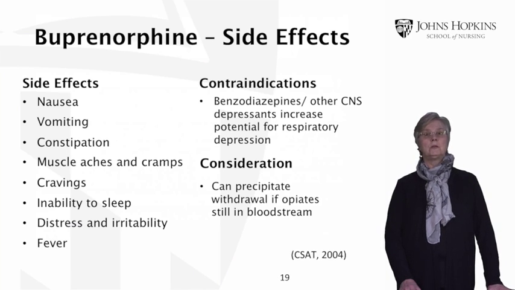This medication is contraindicated with benzodiazepines and other central nervous system depressants because, in combination with buprenorphine, they can increase the potential for respiratory depression. It's also important to consider that buprenorphine can precipitate a withdrawal if opiates are still in the bloodstream.